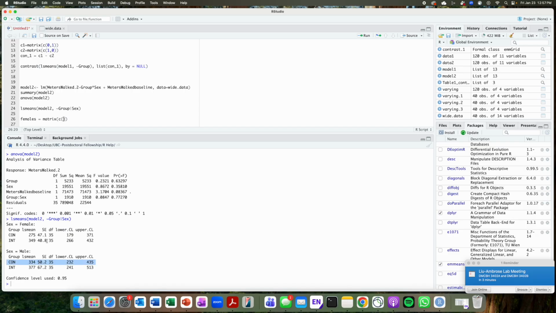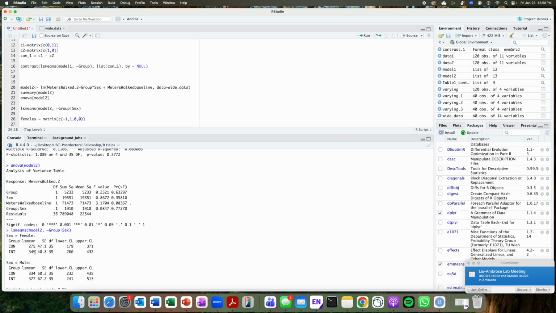But now I just need to think, how am I going to set up my matrix for the intervention versus the control? Well, because I want to compare the intervention versus the control, it's going to be a positive number versus a negative number. So it's going to be -1 for the control, a +1, and then a 0 and a 0. Let's go through that step by step. -1 right here, +1 here.